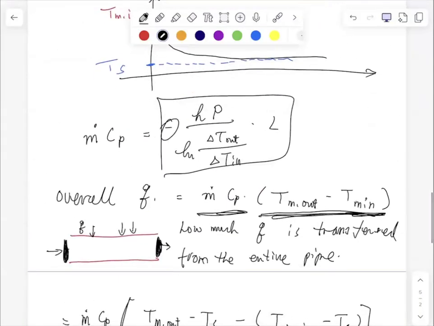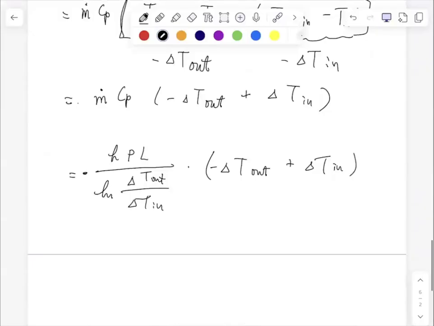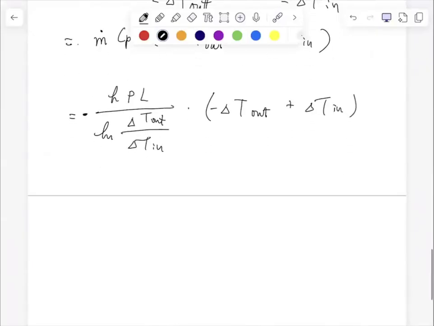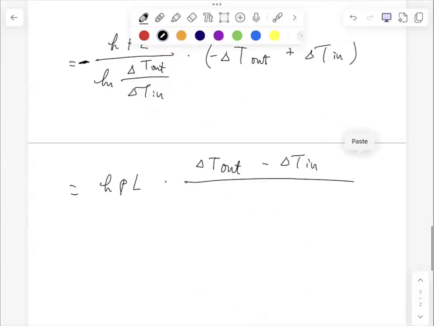There's a minus sign here. I forgot there's a minus sign here. And then that will be HPL, and then delta T out minus delta T in. Because there's a minus sign here, that's why the order of the two delta Ts swapped.